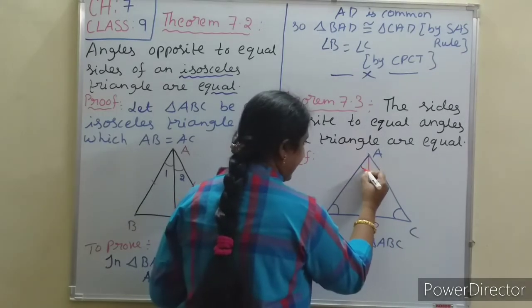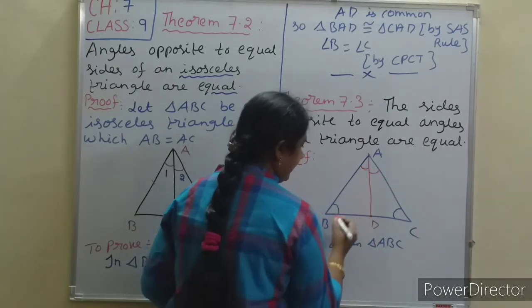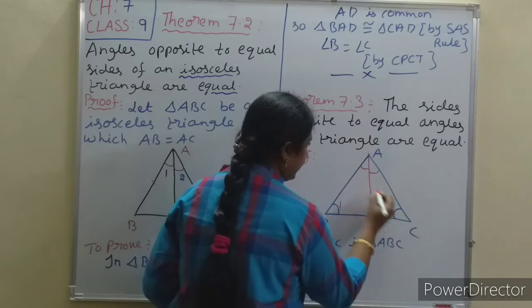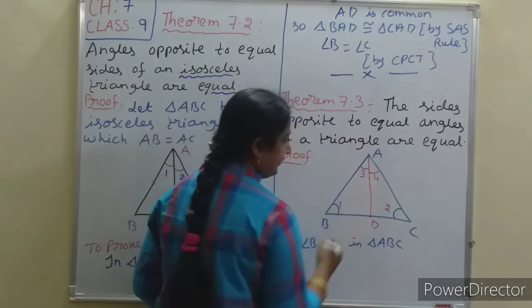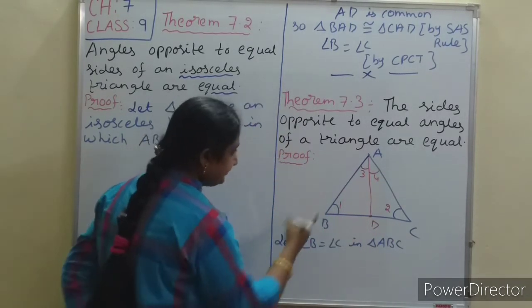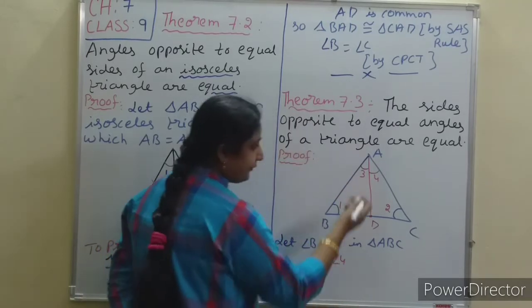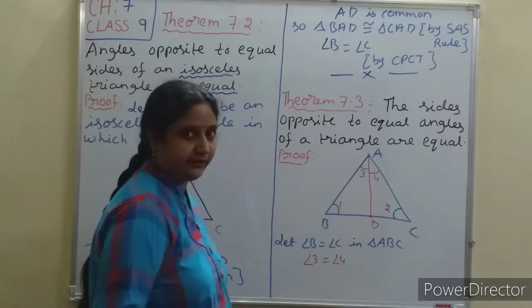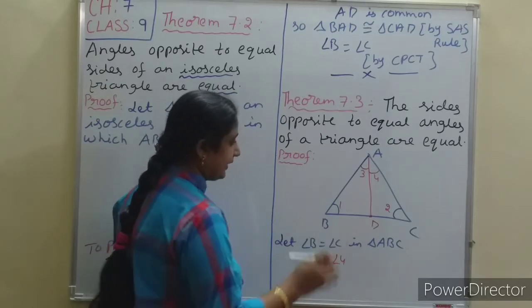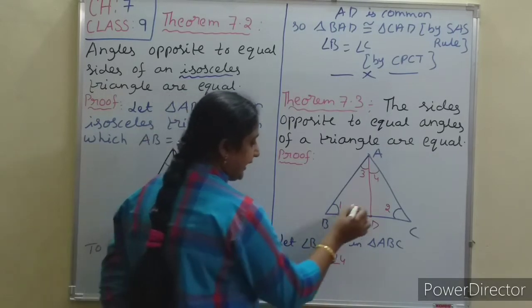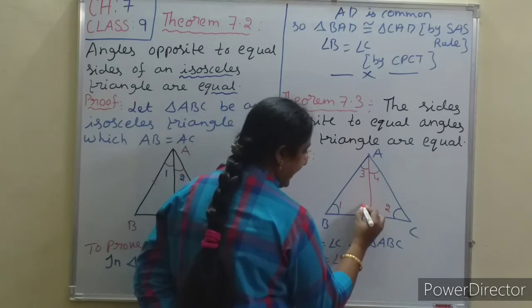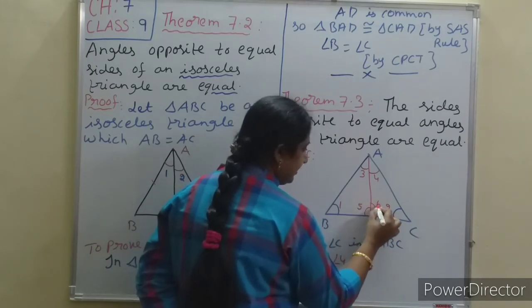That means this angle is also equal. This is 1 and 2. Here I am taking 3 and 4. So here angle 3 equals angle 4, because we have constructed it that way. Now you see, this one is 5 and this one is 6.